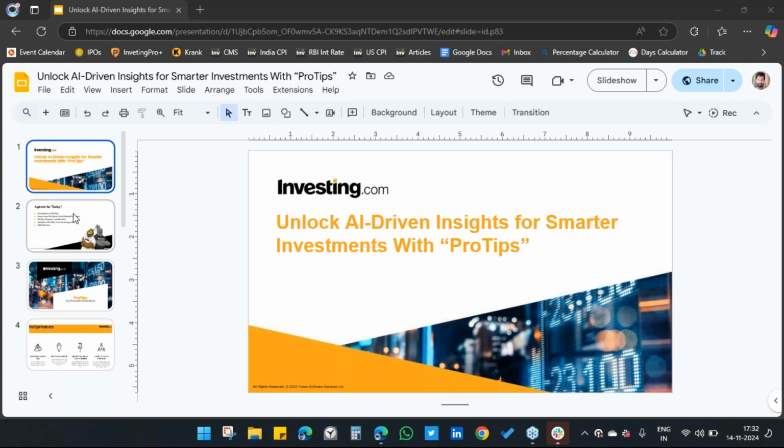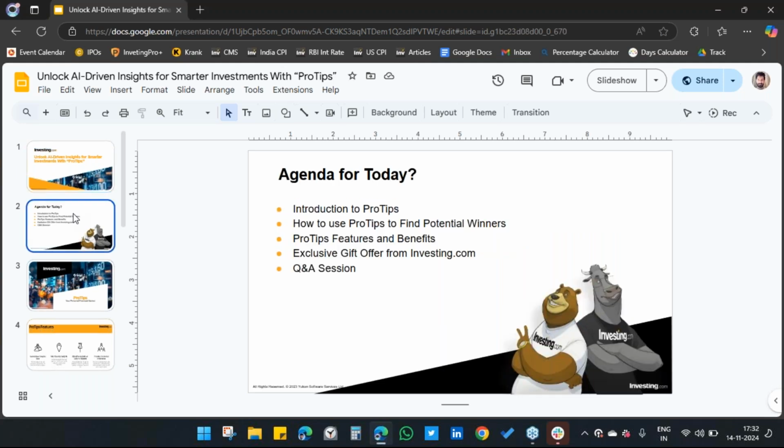So let's begin. First I'll be introducing you to ProTips, the feature that I was just talking about. It is simply a tool that gives you bite-sized information based on the financial statements of the company, its peers, ratios, and all to help you figure out what's going on with the company without even having to look at the financial statements and everything.